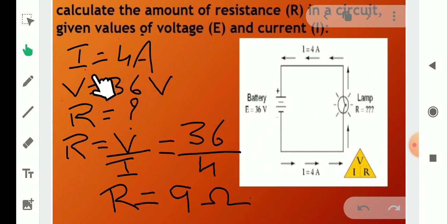Okay. This is how, by using the magic triangle, you can easily calculate the resistance or voltage or electric current by knowing the other two given things. Okay. So resistance is 9 ohm. Always remember you have to write the unit correctly. It also carries marks.